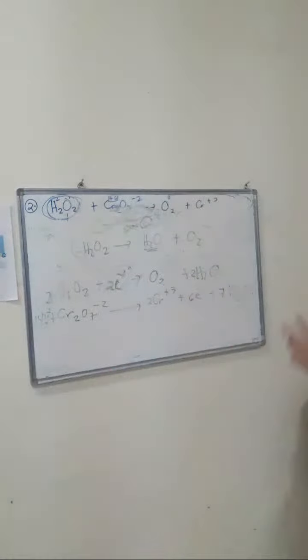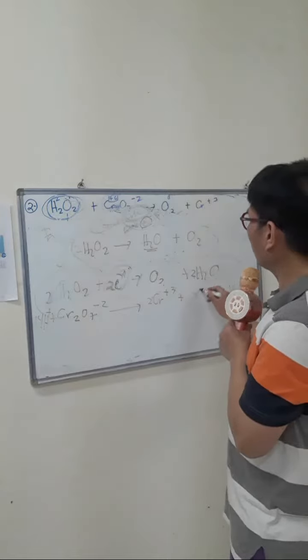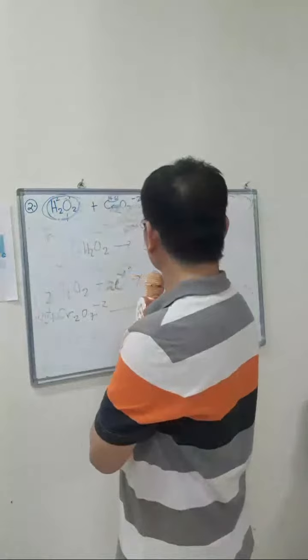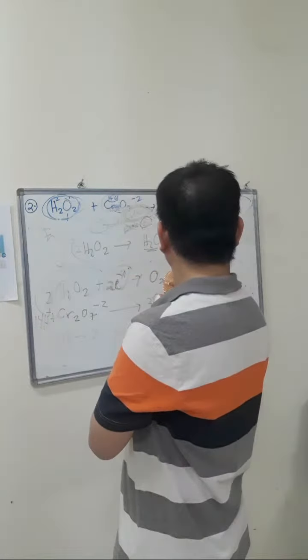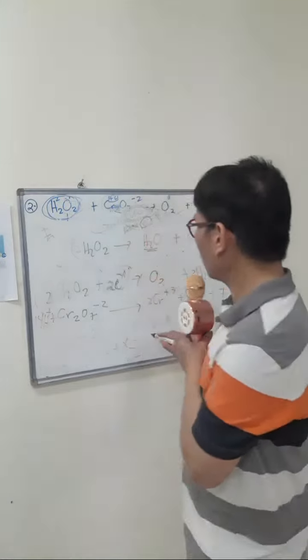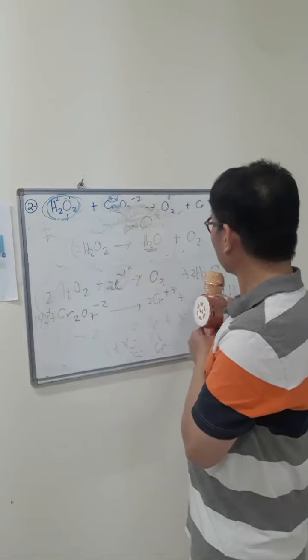Solve for the value of X. So 14 minus 2 is equal to 6 plus X plus 0. 6 plus X is equal to 12. X is equal to 6 electrons. So that is 6 electrons.